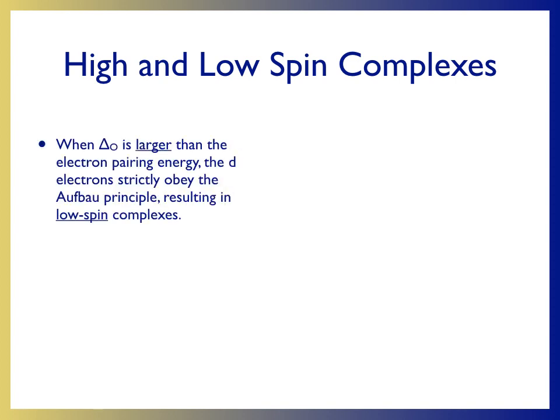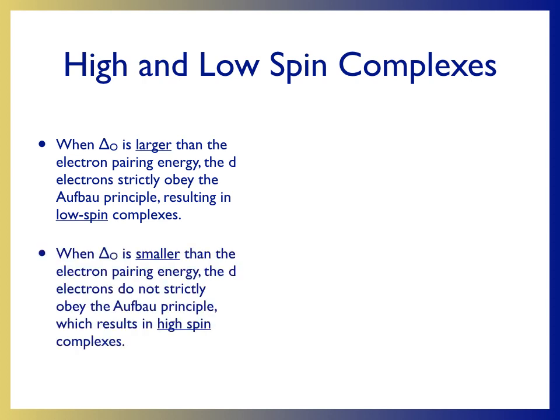If delta O ends up being larger than the electron pairing energy, then when the electrons occupy the d orbitals, they're going to strictly follow the Aufbau principle, meaning that they will occupy the lower energy orbitals first and then start to pair up, since that energy is less than actually moving to another energy level. This is what results in what we call a low spin complex, which minimizes the number of unpaired electrons.